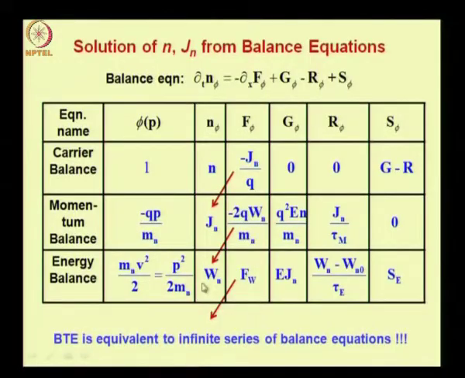The equation for carrier concentration introduces the carrier flux Jn. The equation for Jn introduces the kinetic energy Wn. The equation for kinetic energy introduces the kinetic energy flux Fw, and it goes on and on. So how do we deal with this situation?